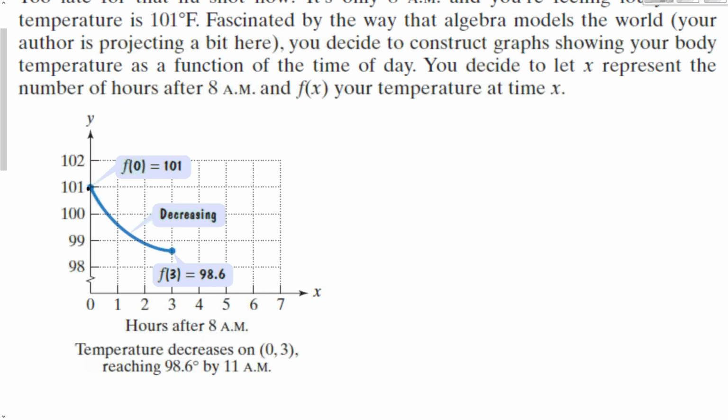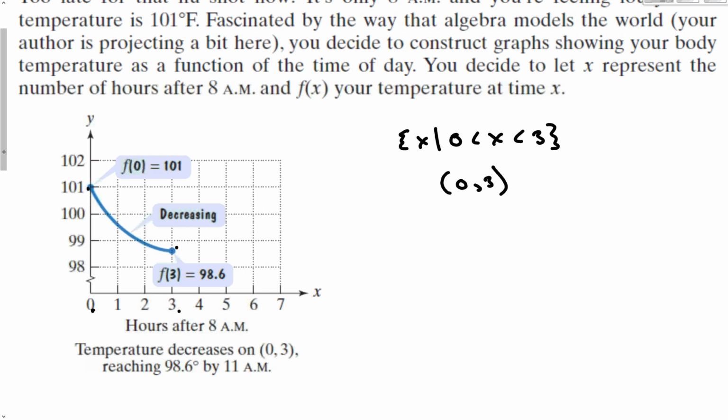So if I look at this interval, between the hours of 0 and 3 hours later, so from 8 a.m. to 11 a.m., so if we were looking at an interval from x such that 0 is less than x and x is less than 3, or from 0 to 3 if we're going to use interval notation, something happened. This graph was decreasing. It started high and went down a little bit lower.